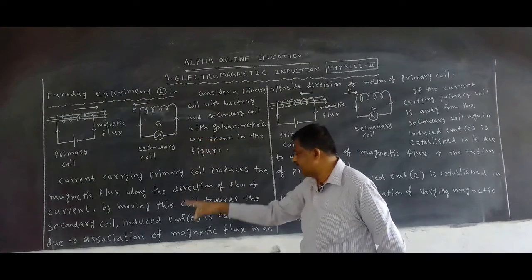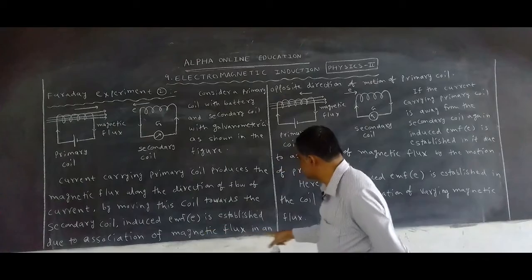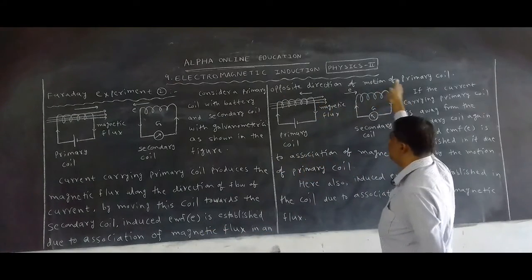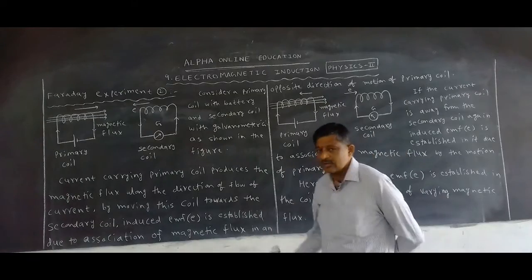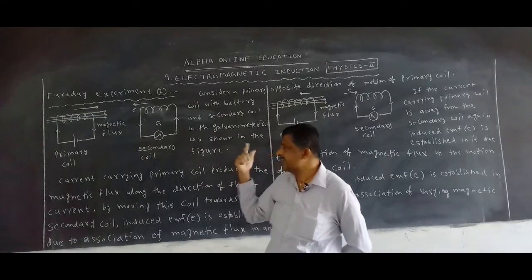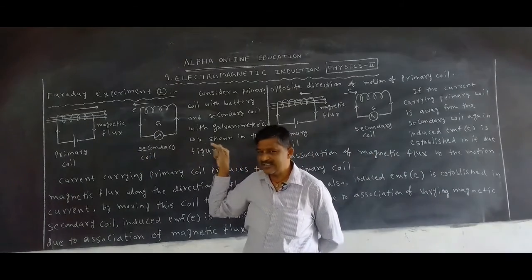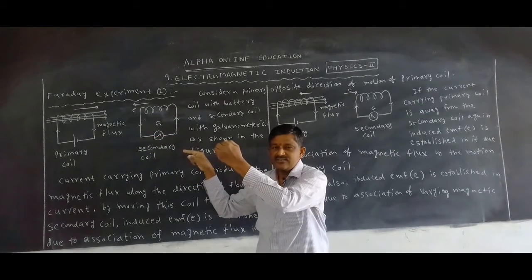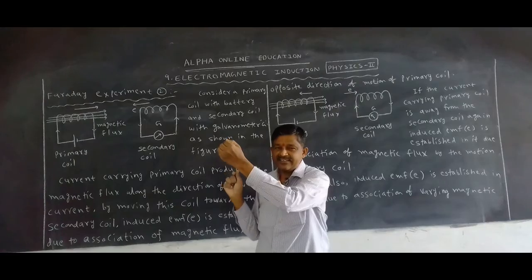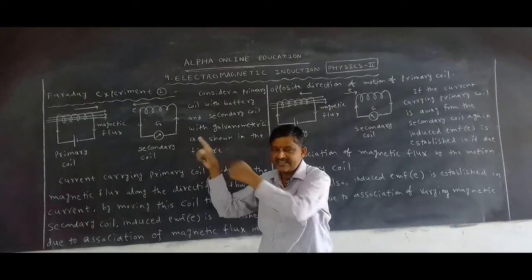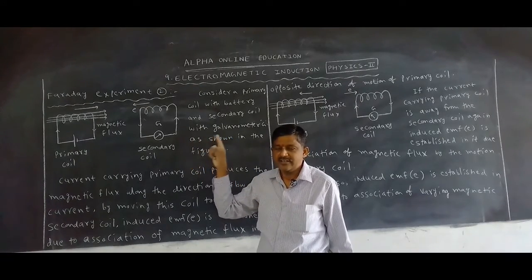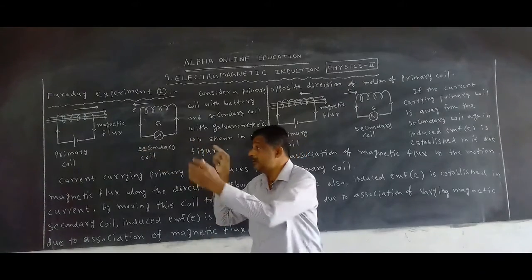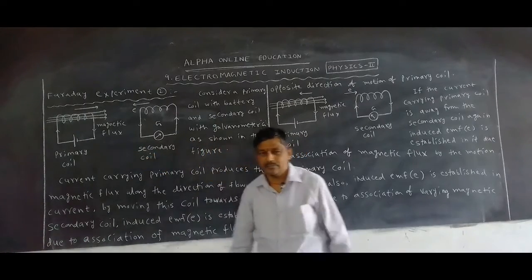In the secondary coil. The primary coil moves in this direction, and the induced EMF is established in the opposite direction. Why? When it moves, the association of the magnetic flux changes, so it is linked with the secondary coil. Immediately in the secondary coil, an induced EMF is established, but in the opposite direction of the motion of the primary coil.